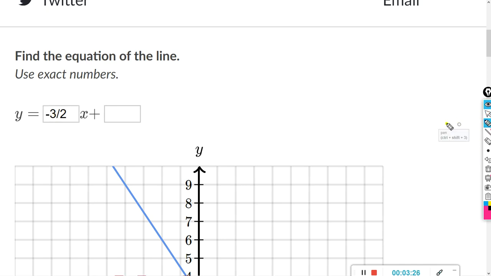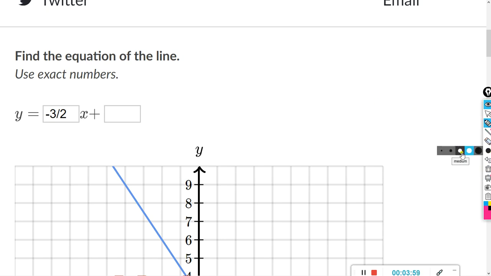And now we said this was m, the slope, and we said this was b. And b is basically your y-intercept. That is where the line crosses the y-axis. So we can find b just by looking at the graph. There's nothing really to calculate.